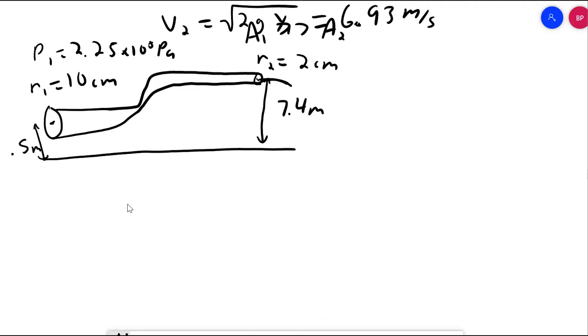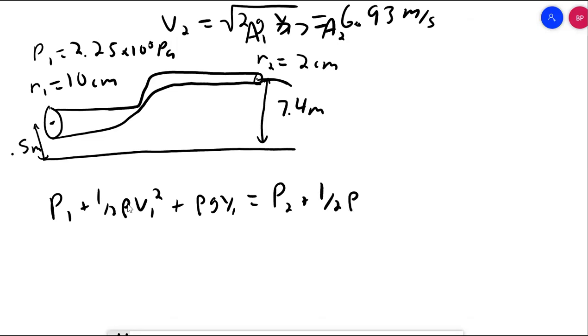All right, so let's write down Bernoulli's equation. Bernoulli's equation tells us that the pressure plus the kinetic energy divided by volume plus the potential energy divided by volume is a constant. Okay, let's do the same thing we did last time.